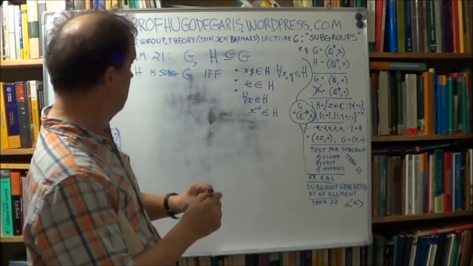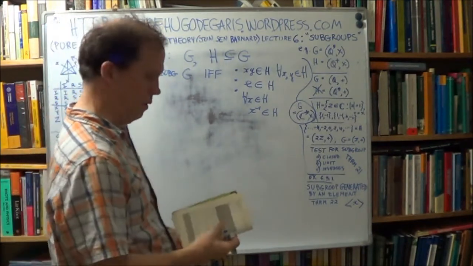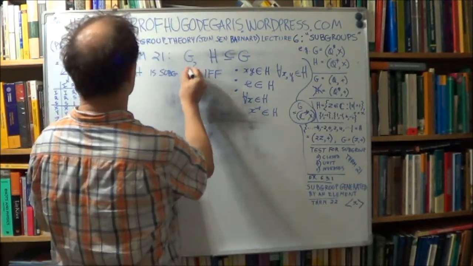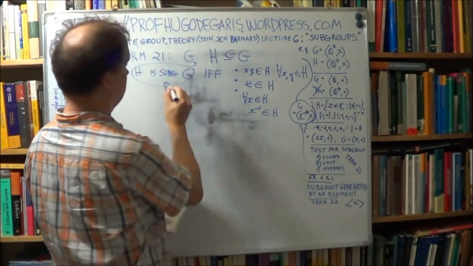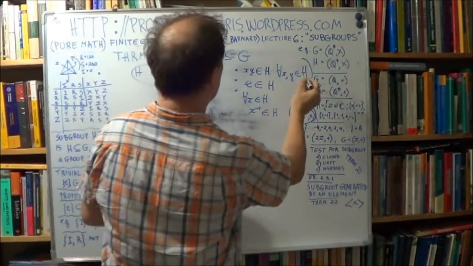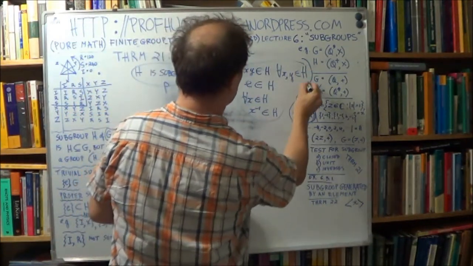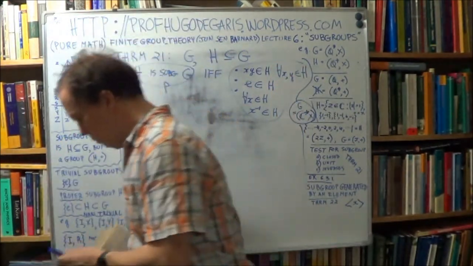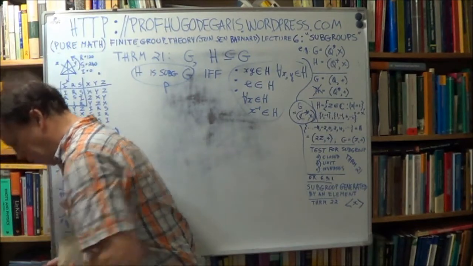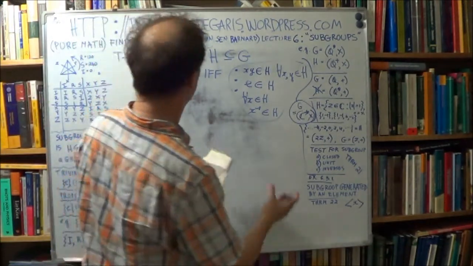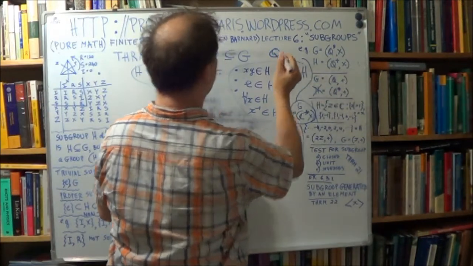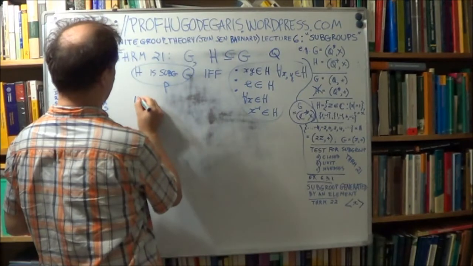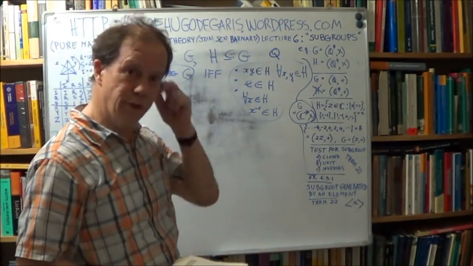Now, as usual with these if and only if type proofs, we'll call this mathematical statement P and this statement here Q. As usual, convention is to start with the if part of the problem.